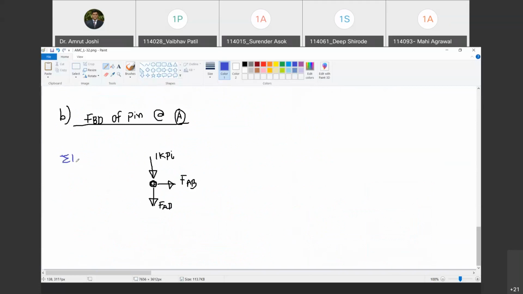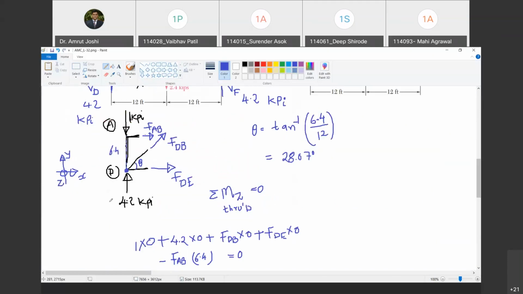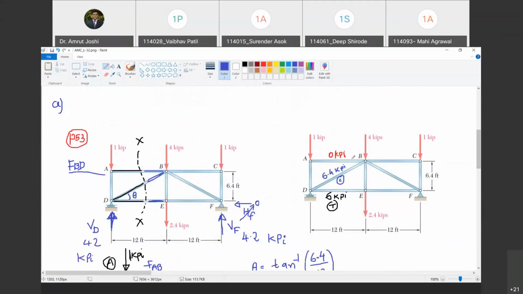Summation Fx equal to 0 will lead to force in member AB equal to 0. Happy? Yes, sir. So force in member AB is 0, which matches the answer that we got in method of sections. It is expected.